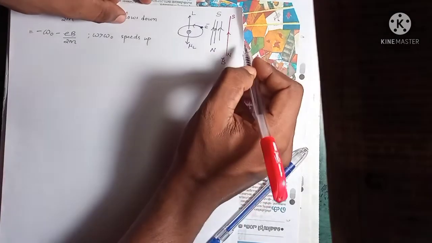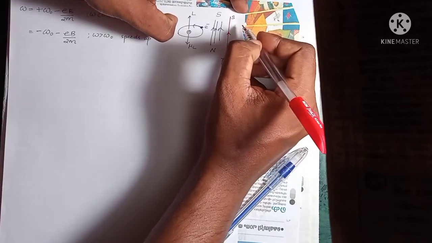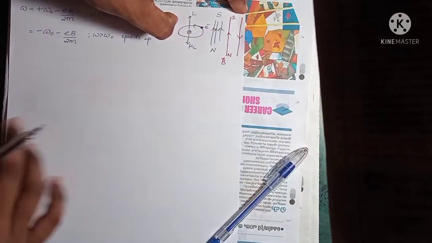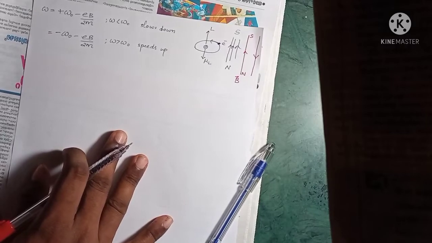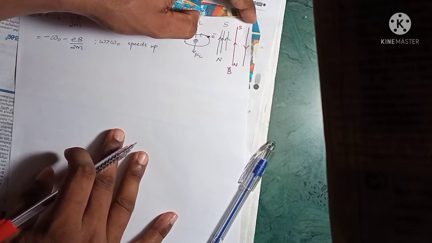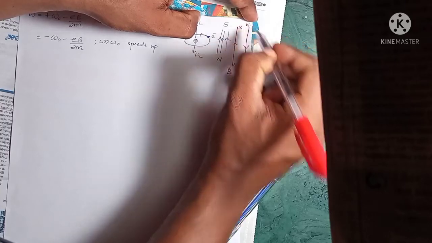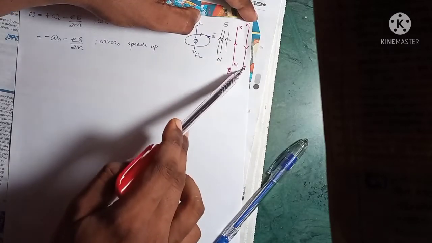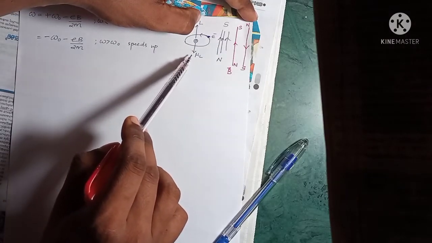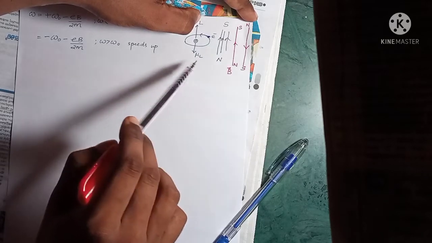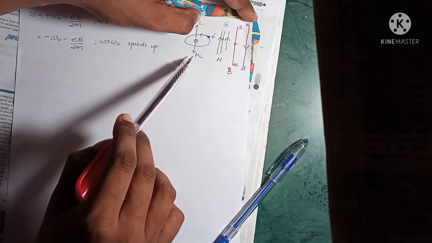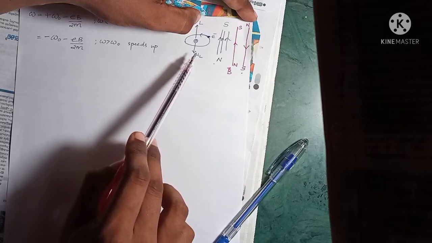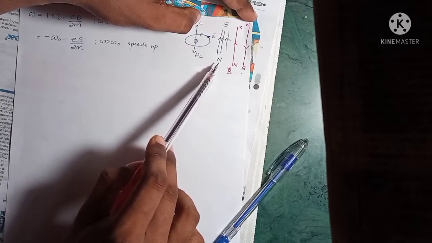And now, if the external magnetic field is in this direction, that is, its north pole is here and its south pole is here, or in other words, the external magnetic field is in the same direction as the magnetic moment given by mu L, which means the south pole of the external magnetic field and the north pole of the magnetic field due to the revolving electron are oriented in the same direction.